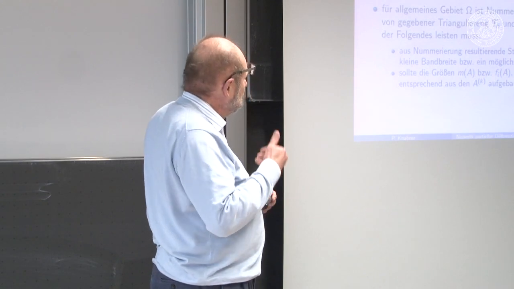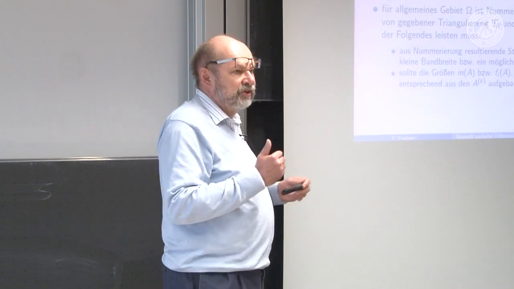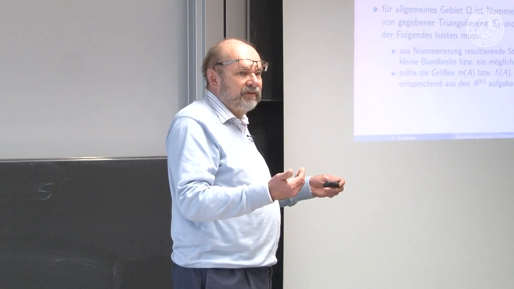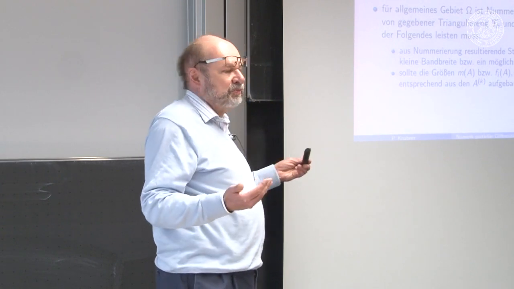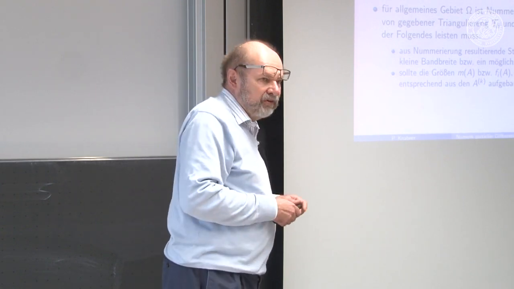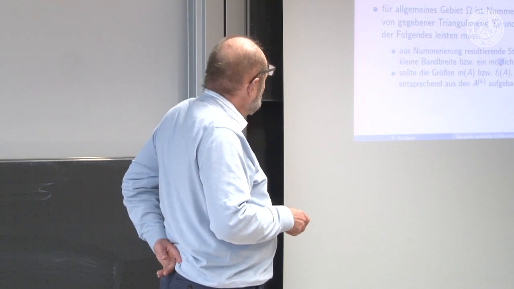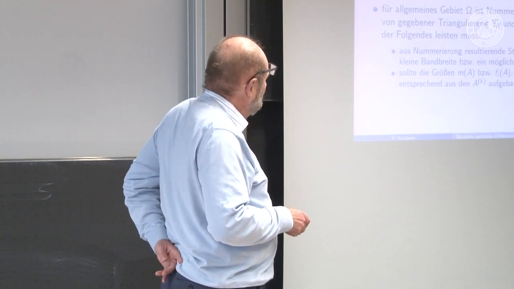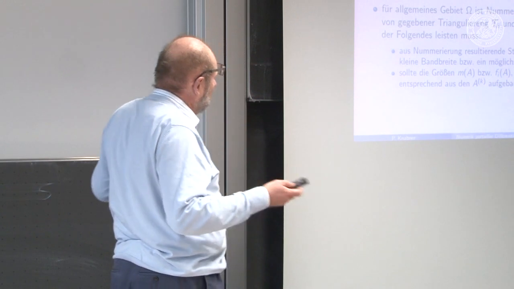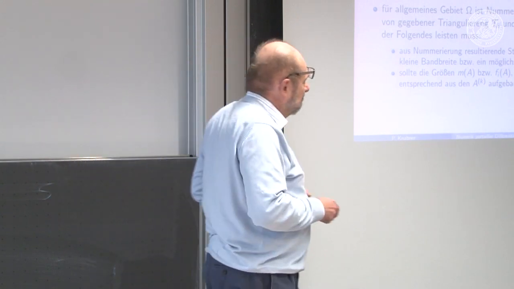So we only need the geometric information. We don't have to build up the whole matrix to see what is the storage pattern. We only need this geometrical information to build up these numbers FIA and MIA. They're basically the same. The one is I minus the other.